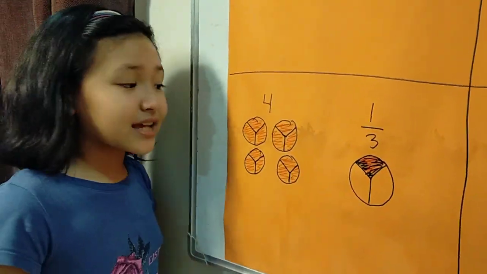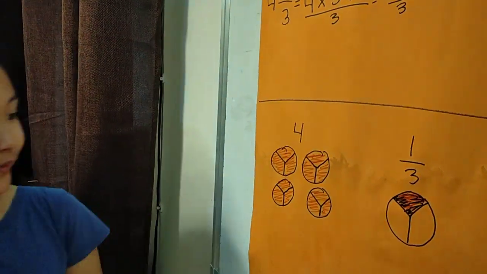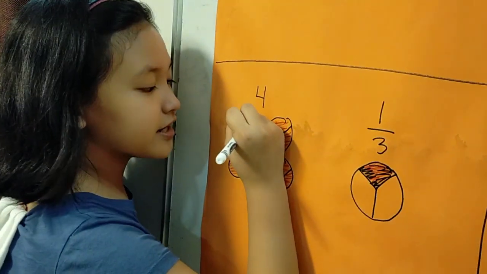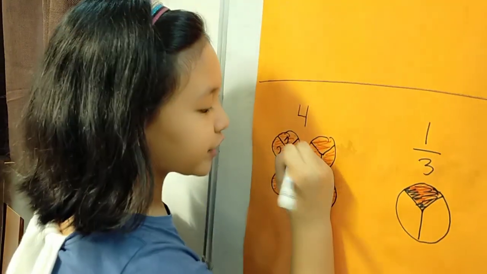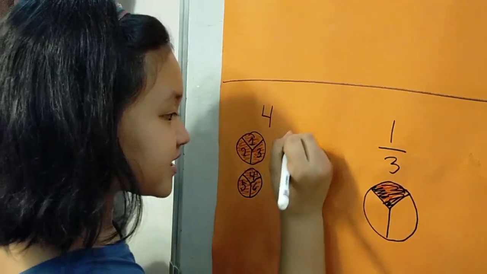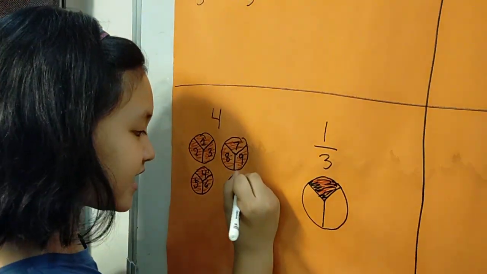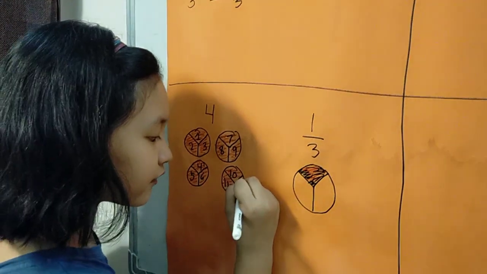Now, let us count all the shaded parts. 1, 2, 3, 4, 5, 6, 7, 8, 9, 10, 11, 12.